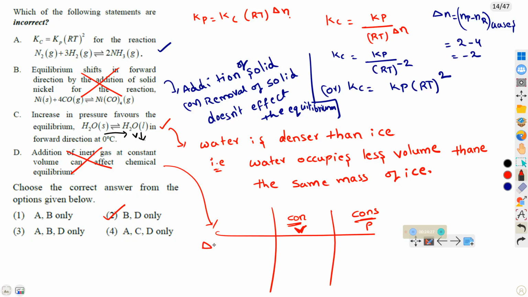If delta n is equal to 0, delta n is greater than 0, delta n is less than 0. At constant volume, no effect. If delta n is equal to 0, at constant pressure, no effect. Suppose delta n is greater than 0, forward reaction takes place. Delta n less than 0, backward direction reaction takes place.